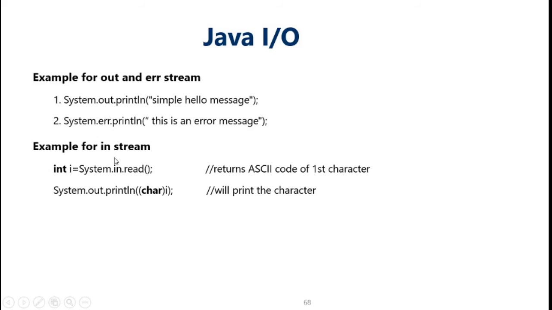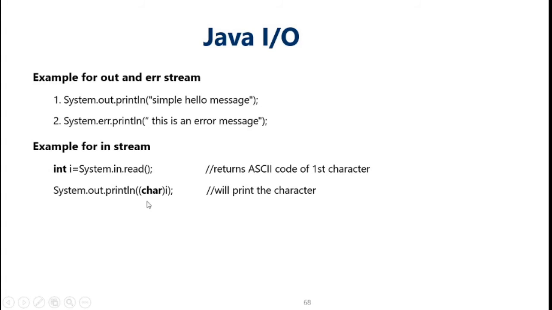For the in stream, whenever you want to read a value, you can make use of System.in. So int i is one variable storing the value which is read from the stream.